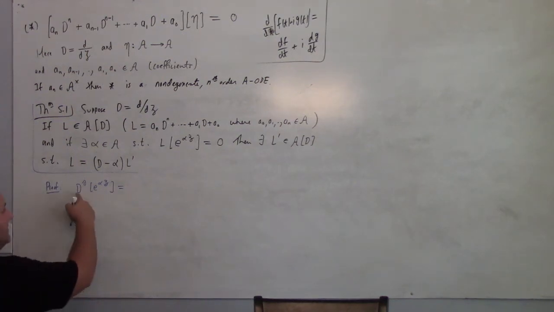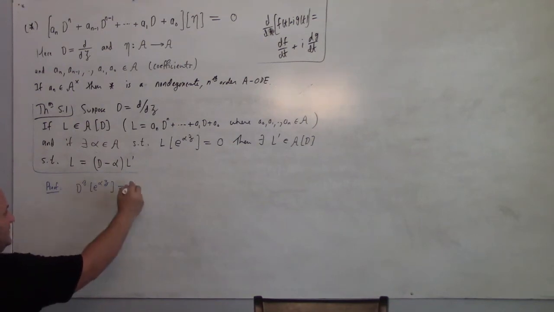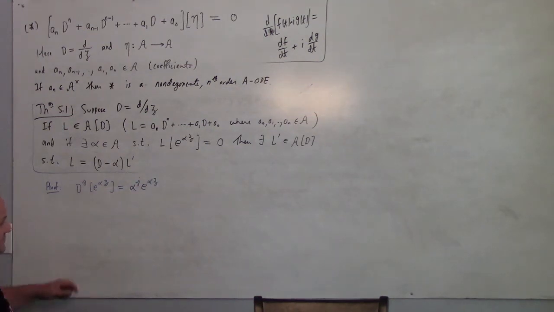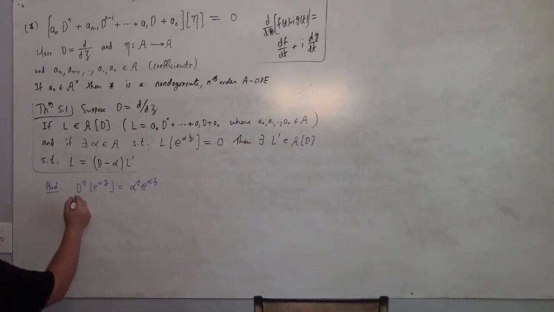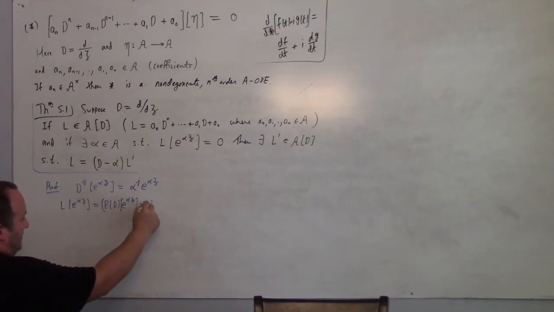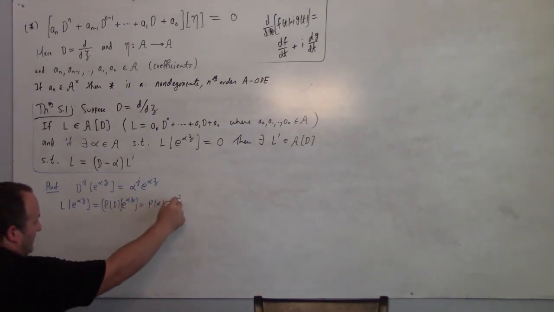But let's see here if it makes sense. So this should give us alpha to the j times e to the alpha zeta, because every time you differentiate, you bring down the power of alpha by the chain rule, right? And so if you think about L of e to the alpha zeta, where L is of course p of d for some polynomial p, what happens is you just get p of alpha times e to the alpha zeta, right?